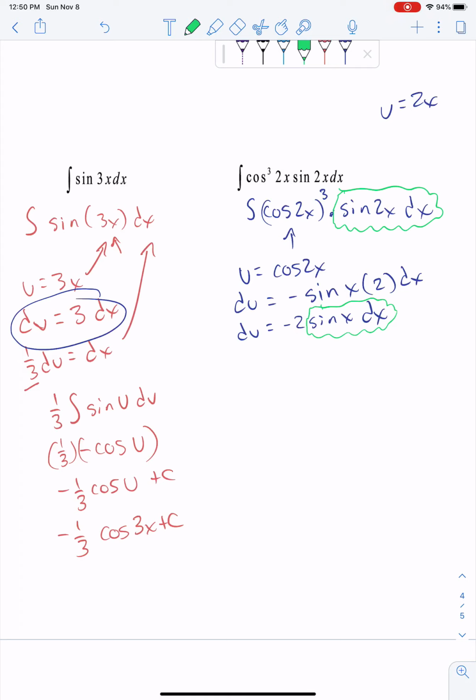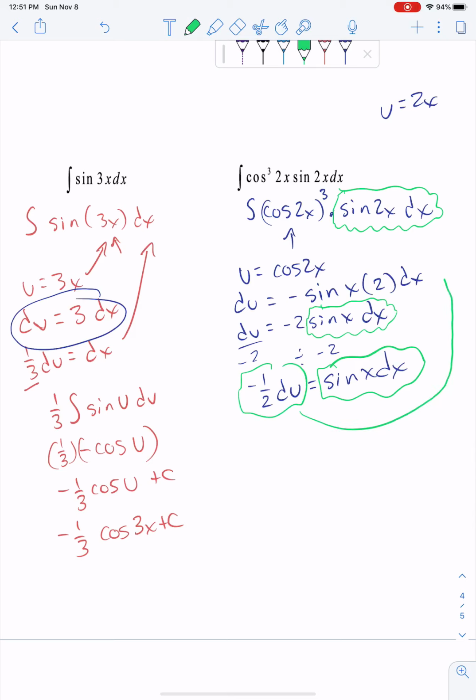So rather than dividing by negative 2 and the sine of x, I'm just going to divide both sides by negative 2. So that means negative 1/2 du is equal to sine of x dx. And the reason I want to do that is because now I can take this negative 1/2 du and plug it in right there because my sine of x dx matches.